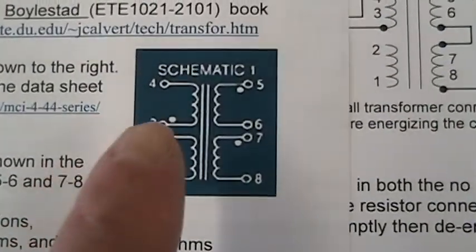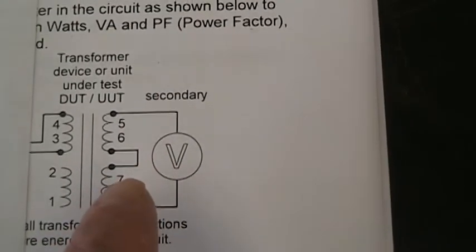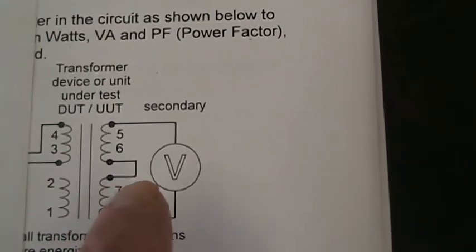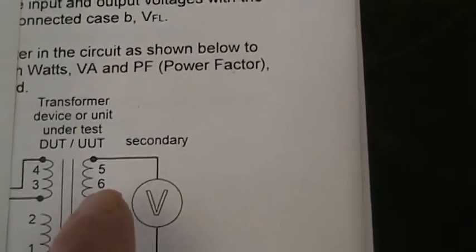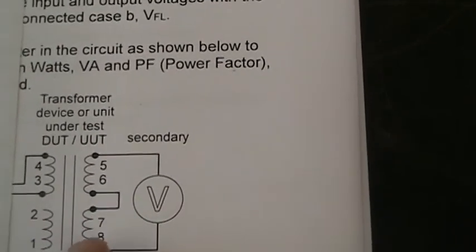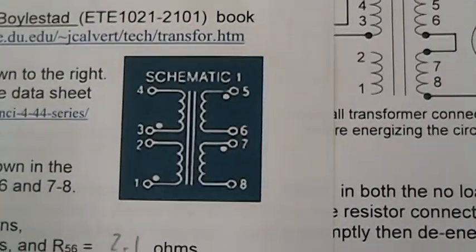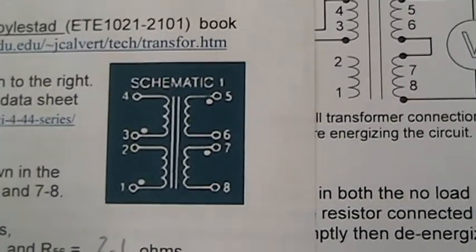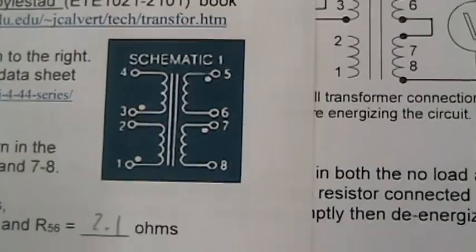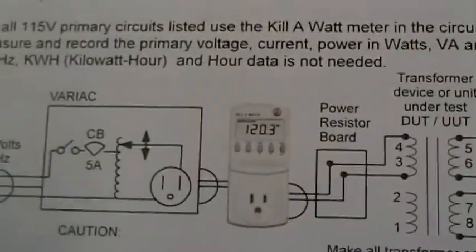In this case, we see a dot on 5 and a dot on 7, which means the dots are equivalent to a positive sign, if you will. And so I can connect 6, which does not have a dot, to 7, which does have a dot on the transformer winding, essentially putting those two voltages, 5, 6 and 7, 8, from the windings in series to give me my 20 volt output.